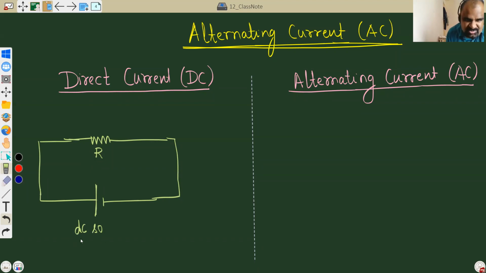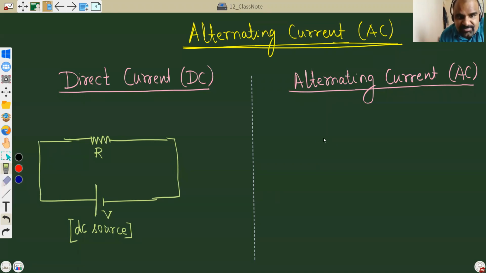For me, it doesn't make any difference. So this is a DC source. Basically, a DC source is nothing but a battery of certain EMF E, or maybe certain voltage V. Both are the same because it's an ideal battery. There is no internal resistance, and even if there is an internal resistance, we are ignoring it.